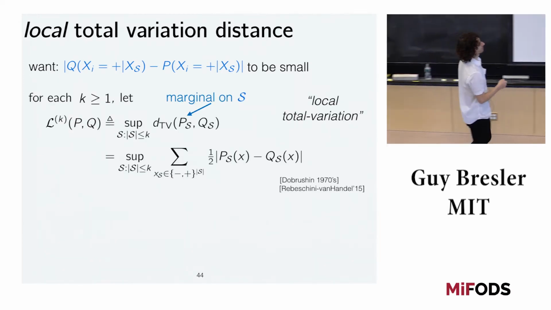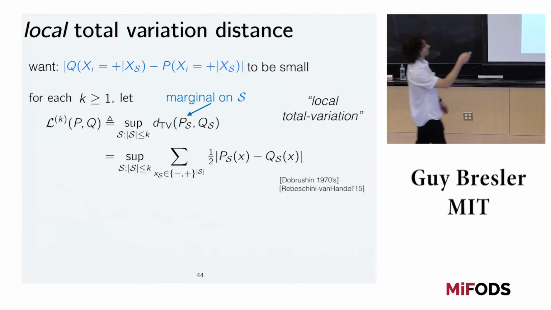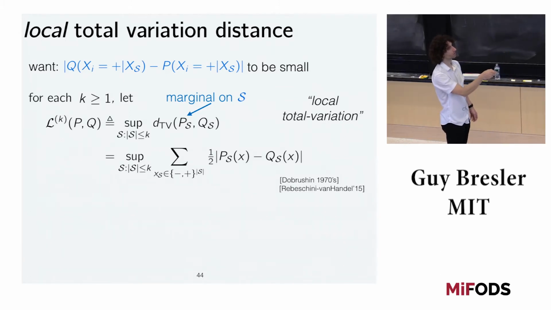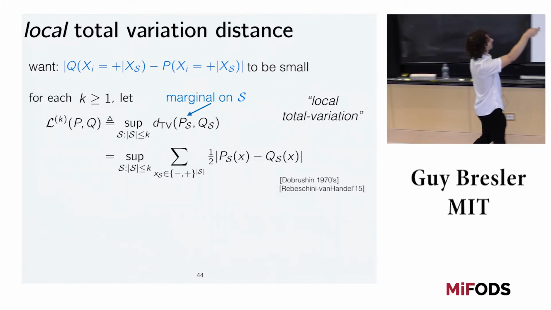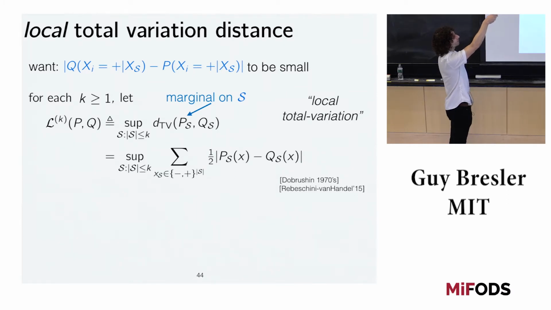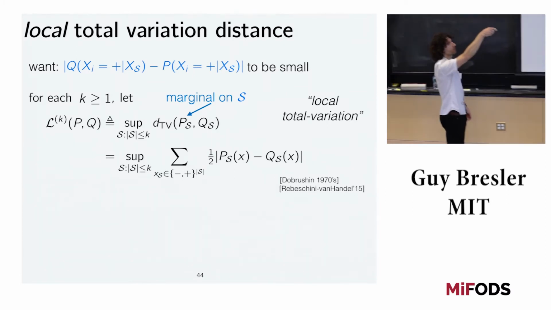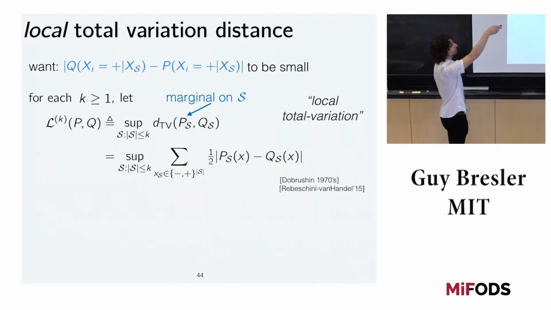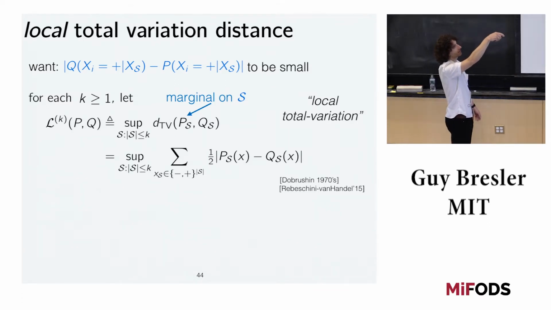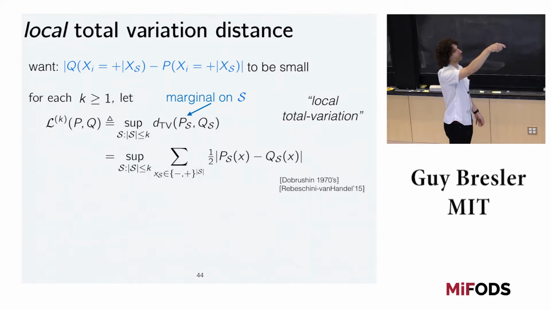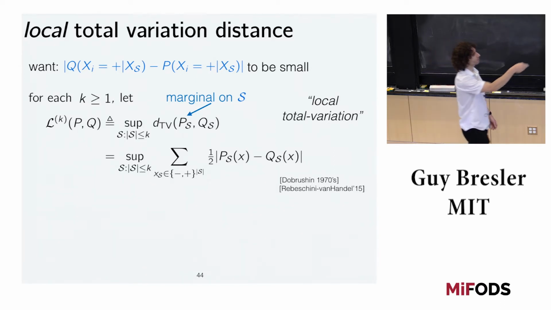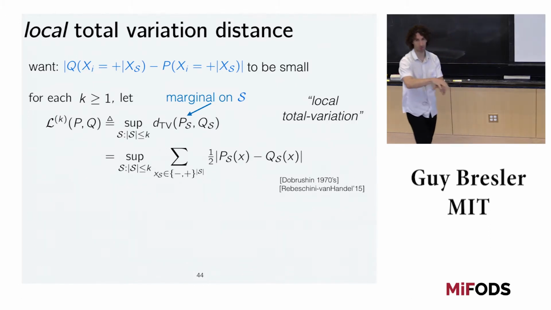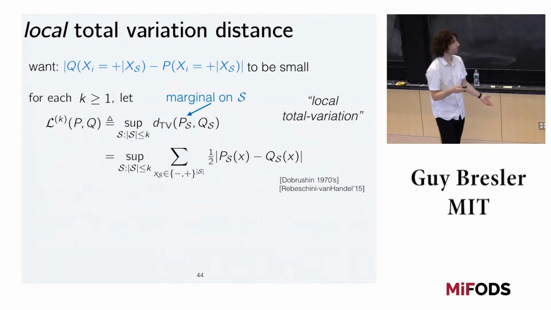And instead of the total variation, we can consider a local notion of total variation, where the local total variation of order k between two distributions p and q is the supremum, or the maximum, over sets S of size at most k of the total variation between the marginals on the set S. Okay, so this is just the total variation, but it's local because it's looking at all subsets of size k.